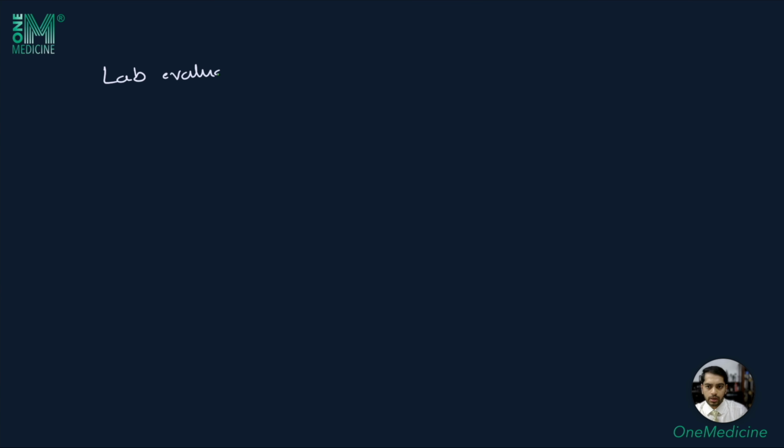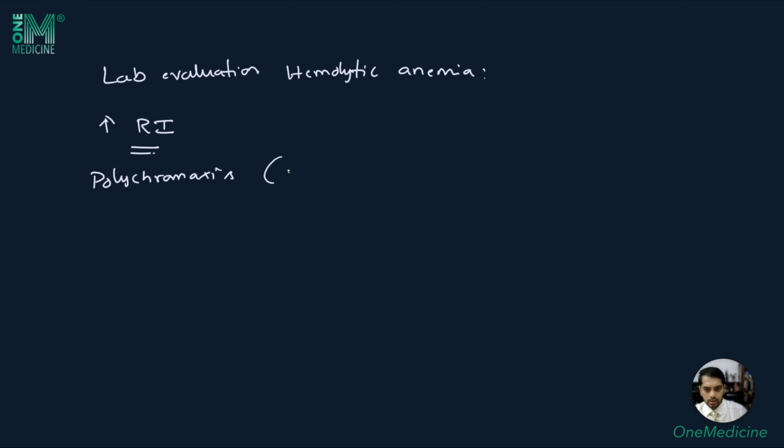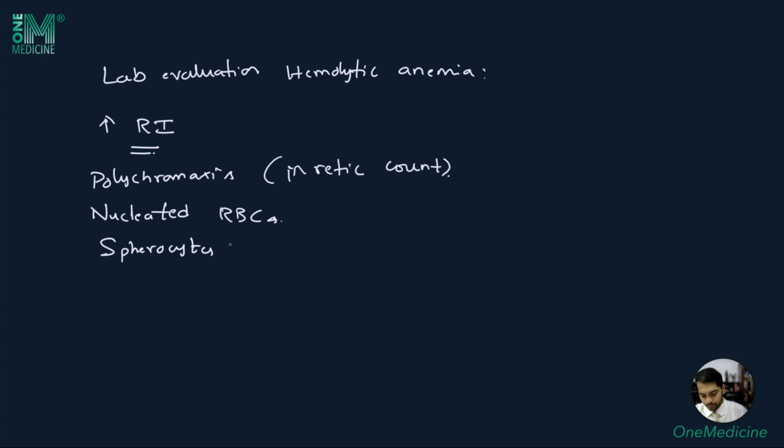Laboratory evaluation of hemolytic anemia include that there will be an elevated reticulocyte index, there can be polychromasia or increased reticulocyte count, there can be nucleated RBCs seen within the peripheral smear, there can also be spherocytes or elliptocytes or schistocytes, there can be target cells or spur cells also within the peripheral smear.